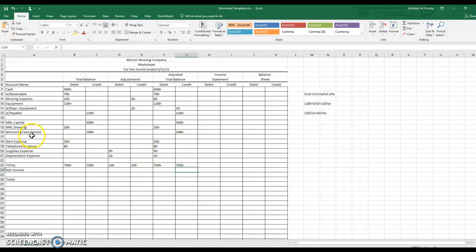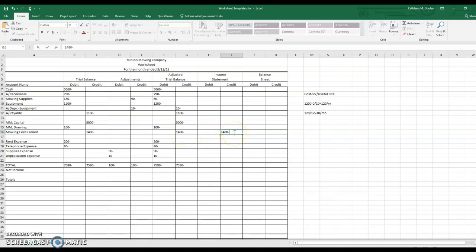Okay, so we have to know what our accounts are. Our mowing fees earned. Oops, I got a typo there. Okay, mowing fees earned is our revenue account. So that's going to get copied over. It's a 1480 credit on the adjusted trial balance.